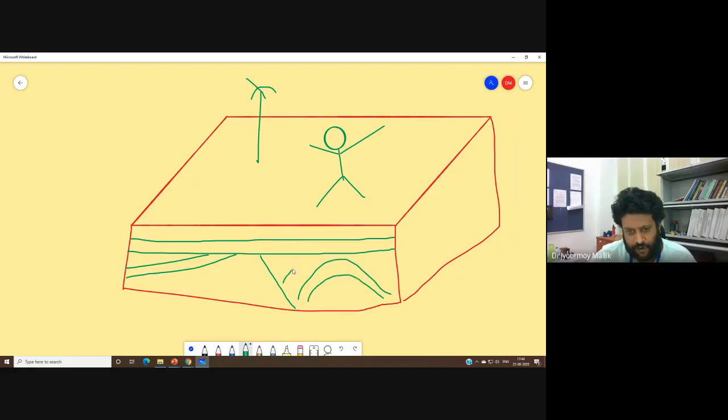We want to know about them because it is very important, and we also want to know whether this is sandstone, shale, or basalt.